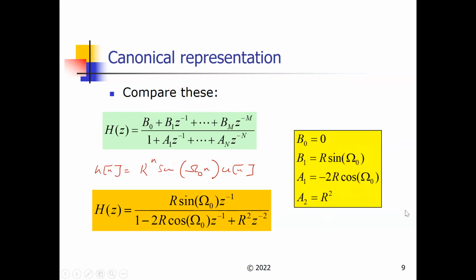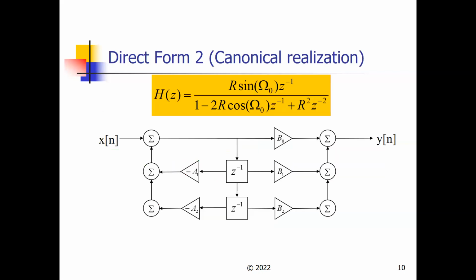And if you compare the coefficients now with the top and bottom, B0 here is 0. B1 is r sine omega 0. We have 1. A1 is minus 2r cosine omega 0. And A2 is r squared.